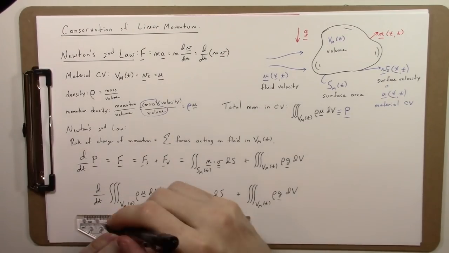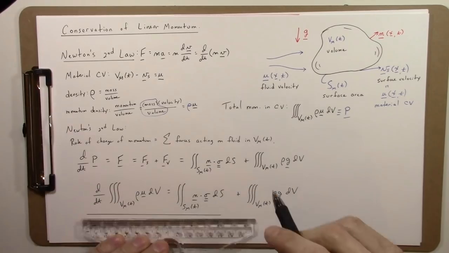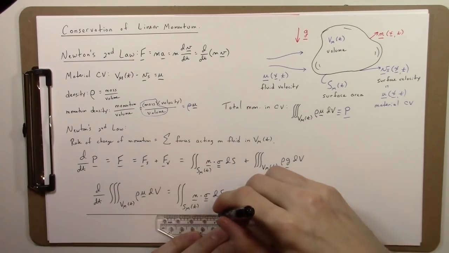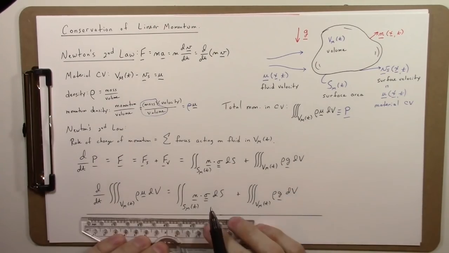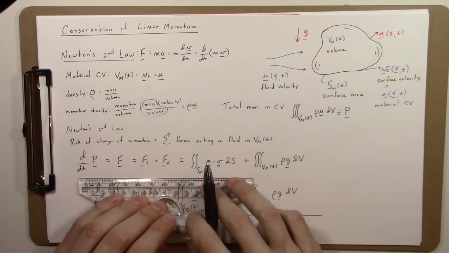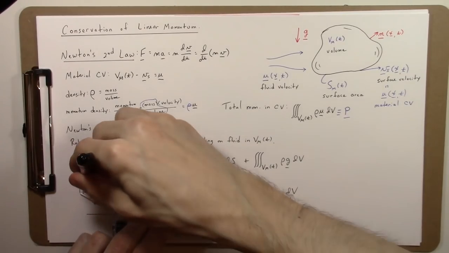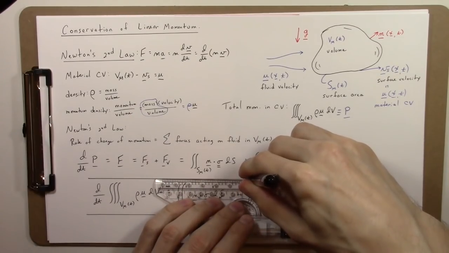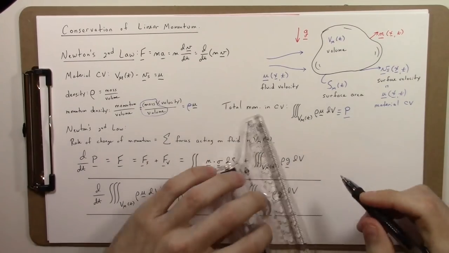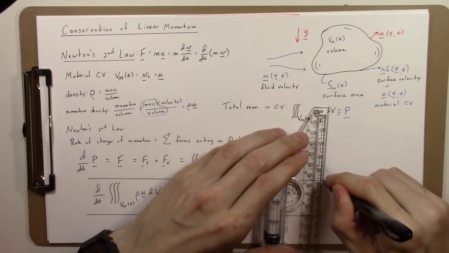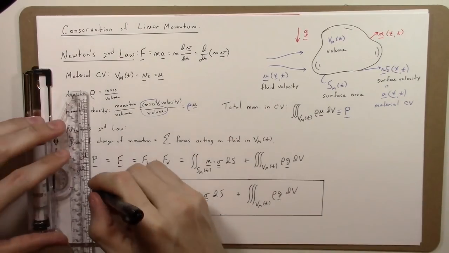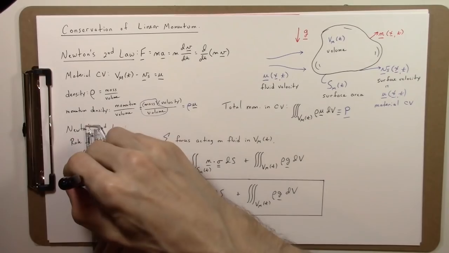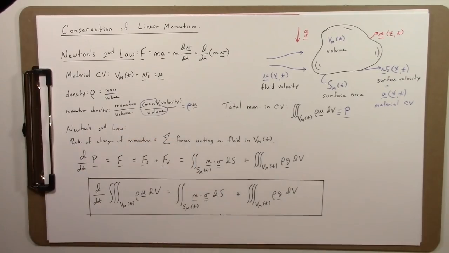So what we have here is an integral form of conservation of linear momentum in a fluid. Now what we want, for most of our purposes, is a differential statement of the same thing.